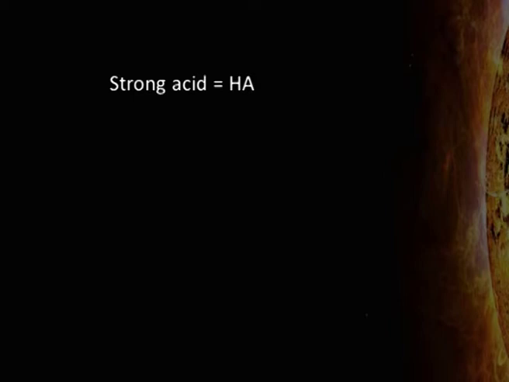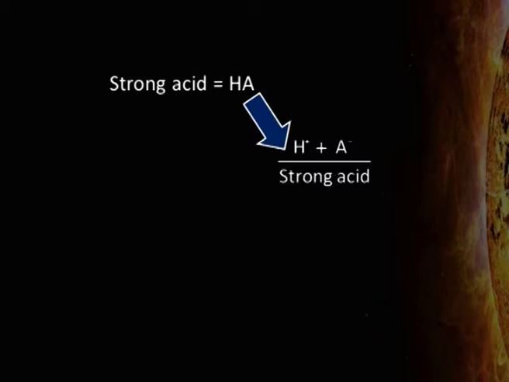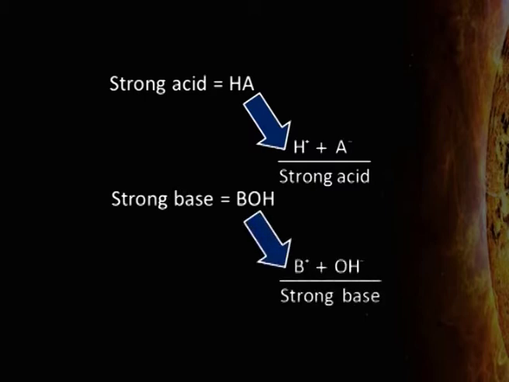For example, if we take a strong acid HA, it will exist in dilute solution as H plus A minus, and if we take a strong base BOH, it will exist in dilute solution as B plus OH minus.